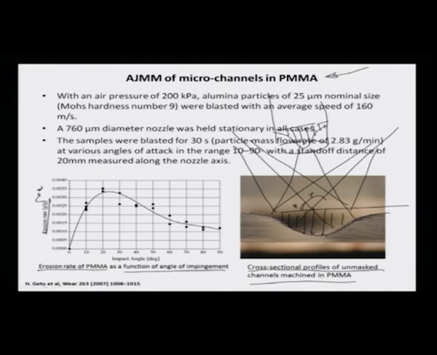This is a misprint, this is minute. If you look at that, there is a certain impact angle, in this particular case about 20 degrees or so, where the erosion rate is the highest.